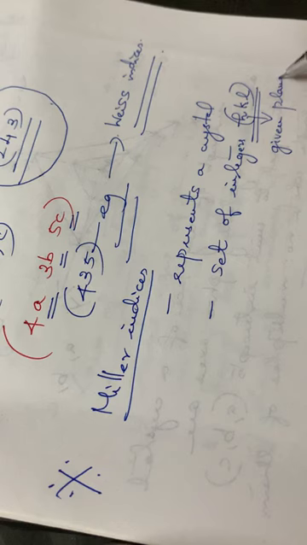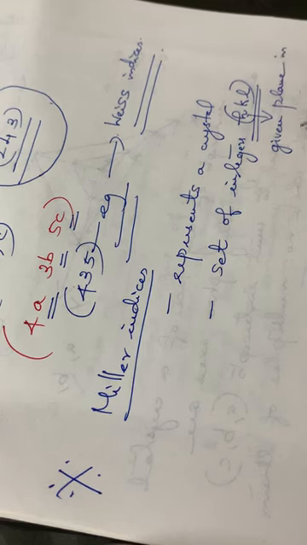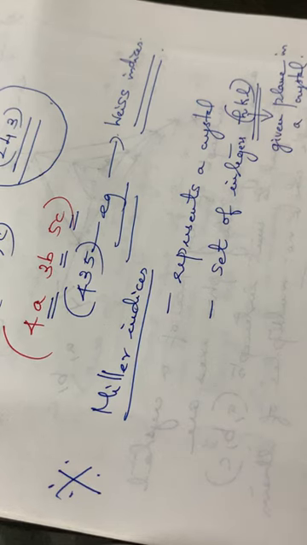For a crystal to be represented, we use these three integers H, K and L.